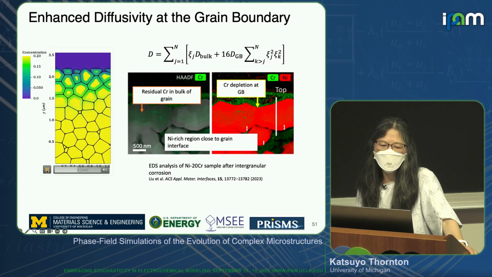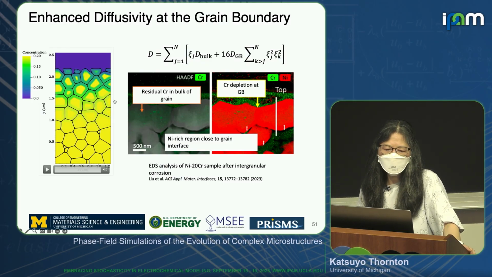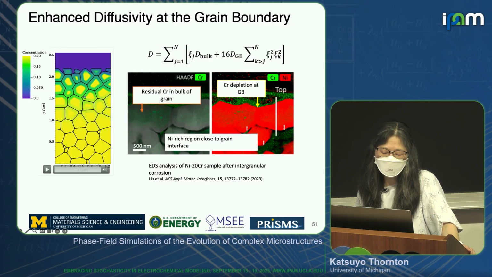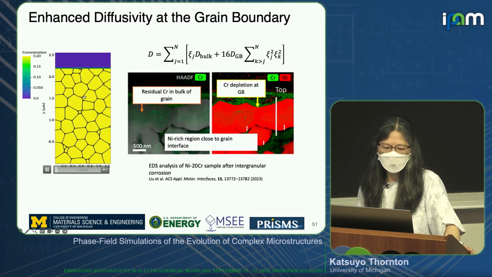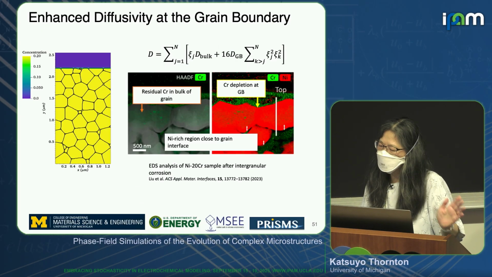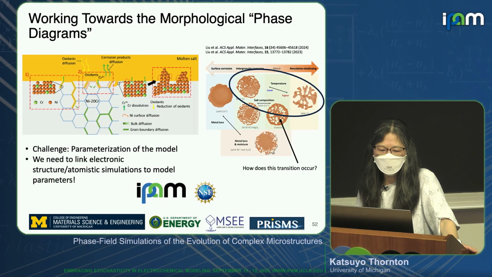So this is including enhanced grain boundary diffusivity. And then now we could get what they were observing in experiments. It's kind of hard to see, but there is basically the region where chromium is depleted, just like you see over here. So that might be what is important. This is a bit preliminary, but this is what we recently found.